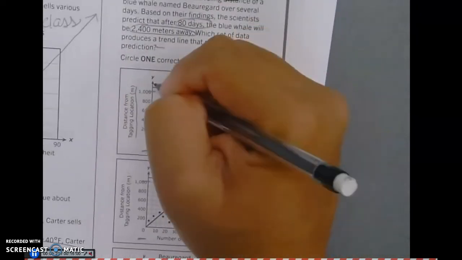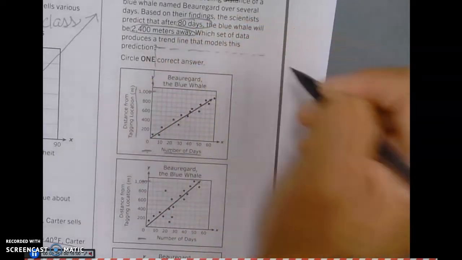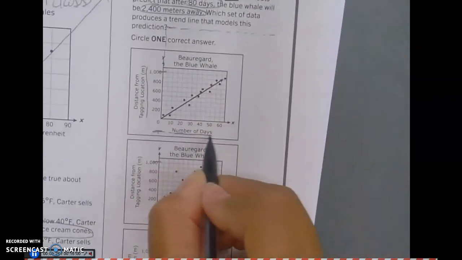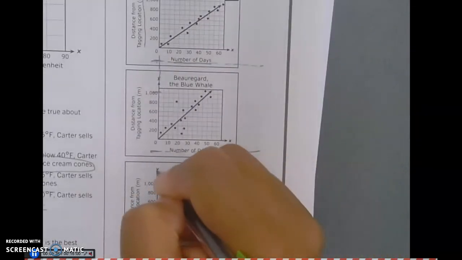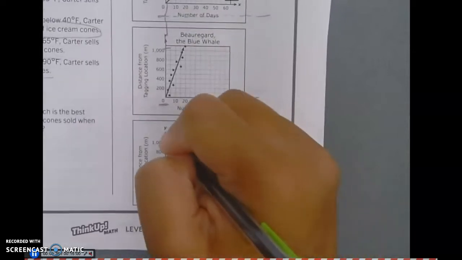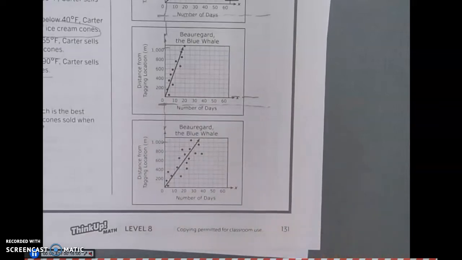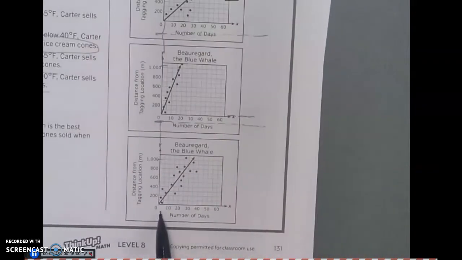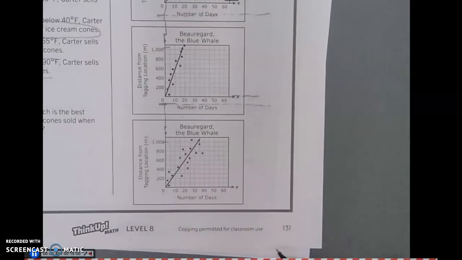So I need to extend my axes, extend that one, extend, and extend, and I also need to extend to 80, and extend, and extend. Okay? So I need to find out where 80 days will match 2,400 about.